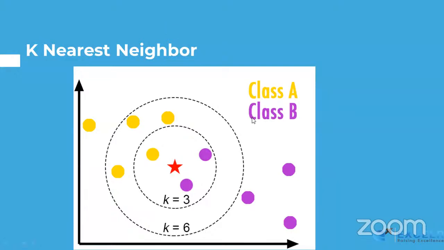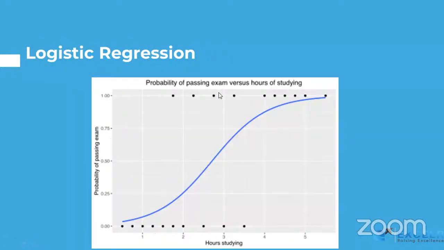Now let's go for another important algorithm known as logistic regression, because this logistic regression is a very, very useful algorithm. It paved the way to neural networks, because in the upcoming session we are going to cover more about neural networks.